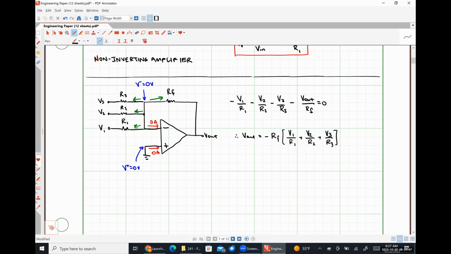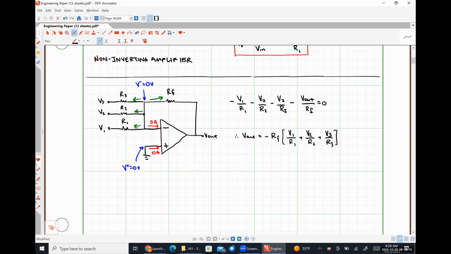So let's look at what our output signal is here. If we were to distribute that factor of RF throughout each of those things, we would effectively see that our output voltage is just a combination of scaled versions of each of our three inputs, and those scaled versions are just added together.